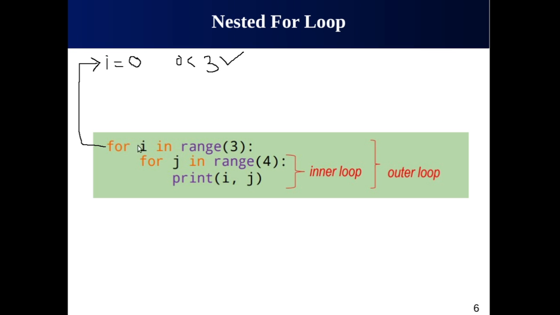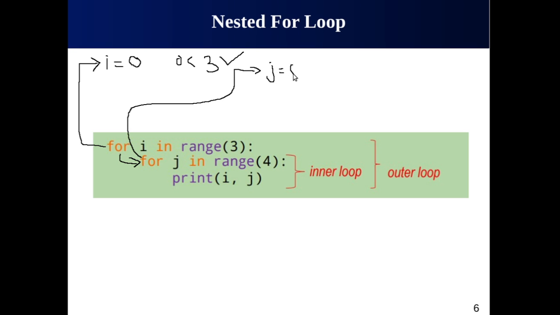It means that we have to execute the body of this loop because the condition is true. But inside the loop, we have another loop, and this is the inner loop. So here the variable j is also a loop variable.